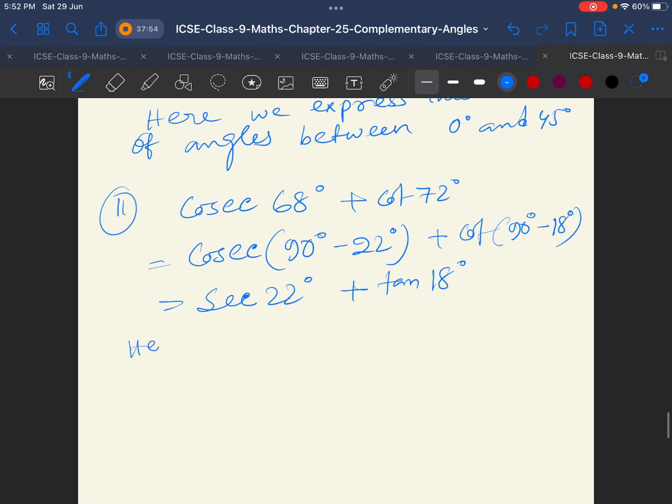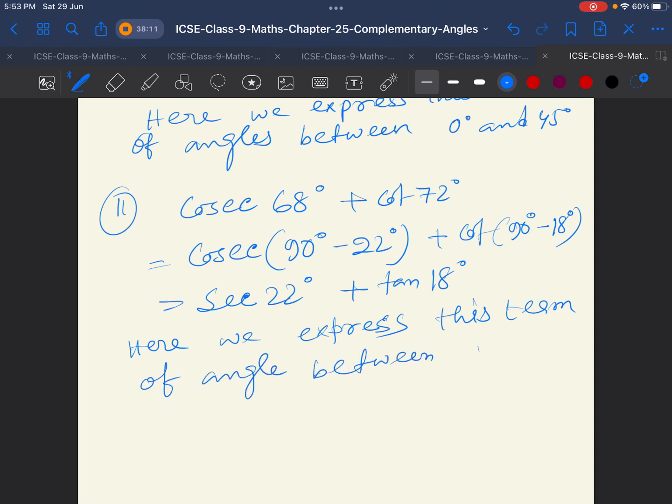So here we express this term in angles between 0 degree and 45 degree.